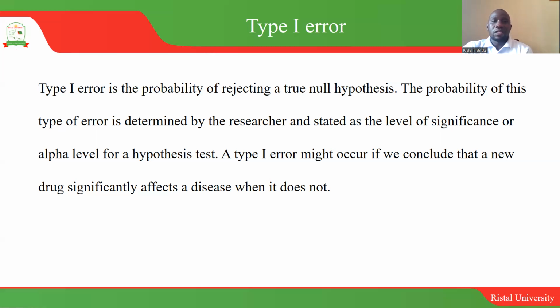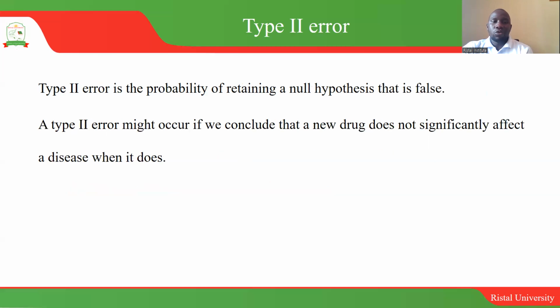Now, the type 2 error is for you to accept the null hypothesis as true, yet it is actually false.